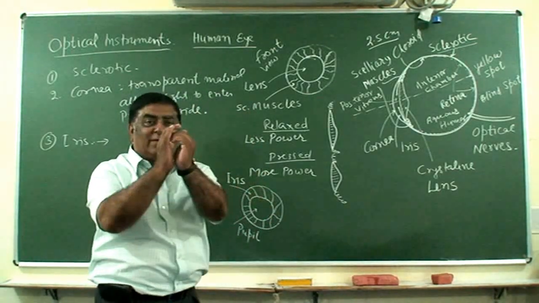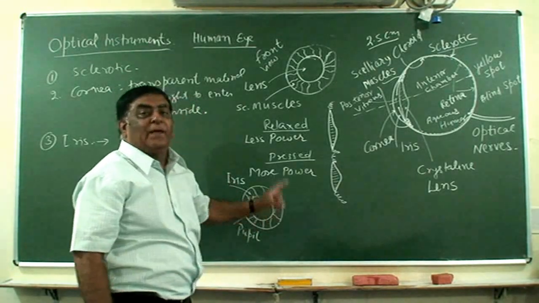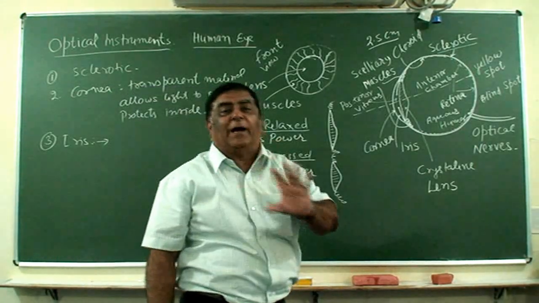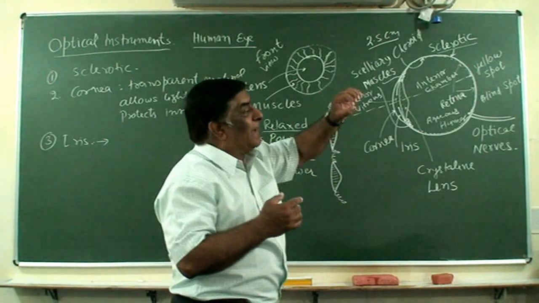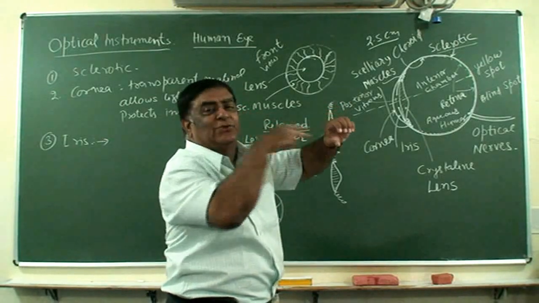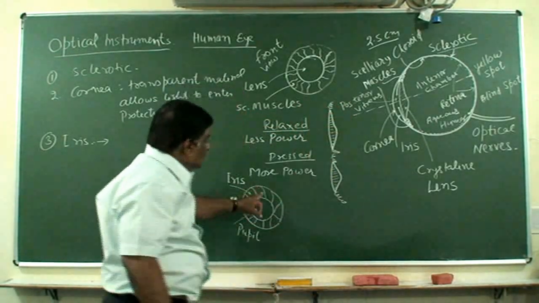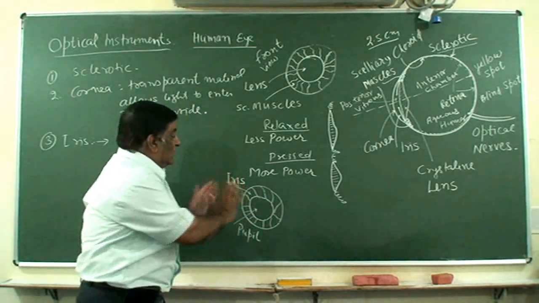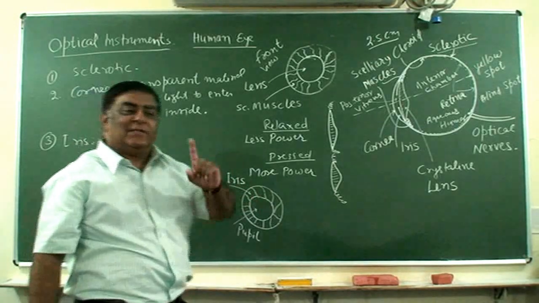This opening, the window, we call the pupil. So the pupil is not a part. Pupil is nothing. It is only a passage from where the light can pass through. All around it, this opaque shutter is known as the iris.